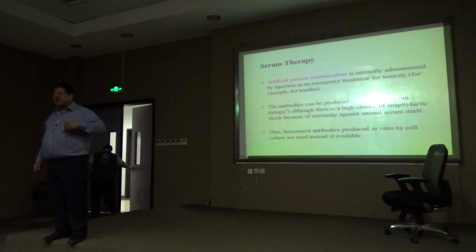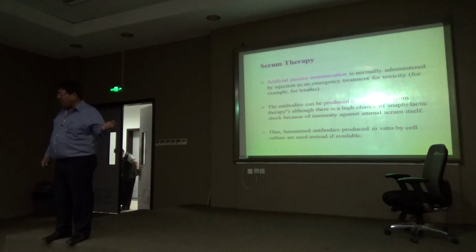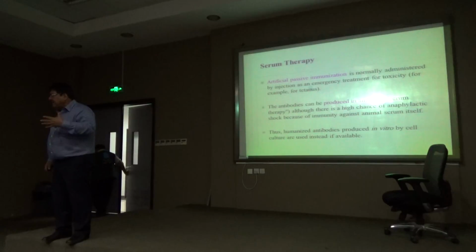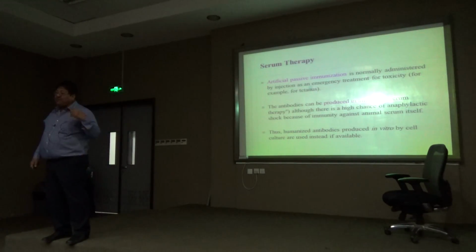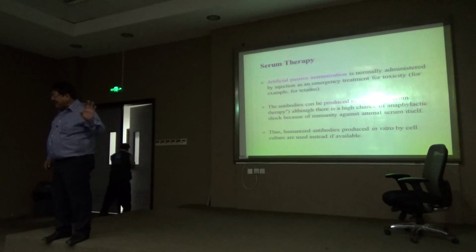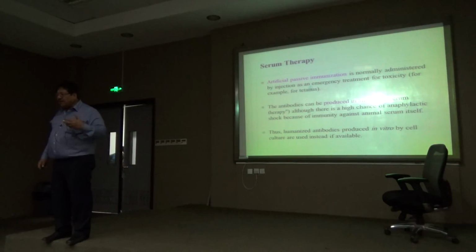Now, a person who is given an anti-species antibody from a horse or other animals, it protects us fine. But it can give us an anaphylactic reaction because we have not encountered anti-species antibodies. It's an animal, it's not human. So we may suffer anaphylactic shock.